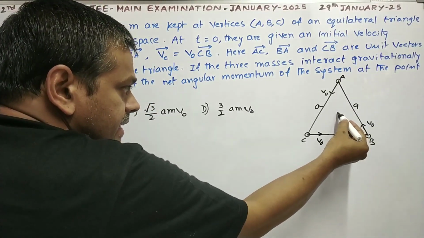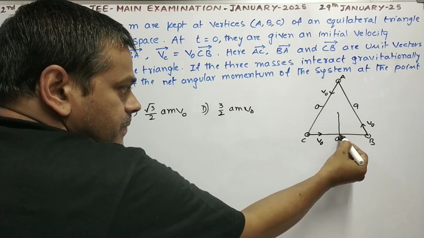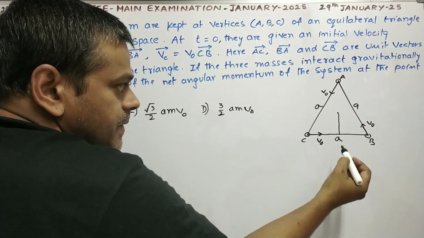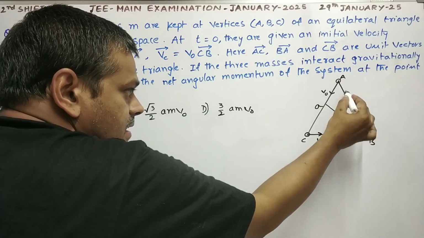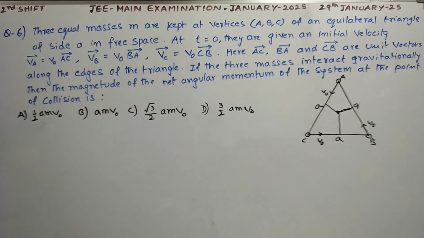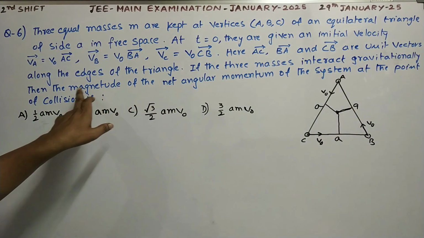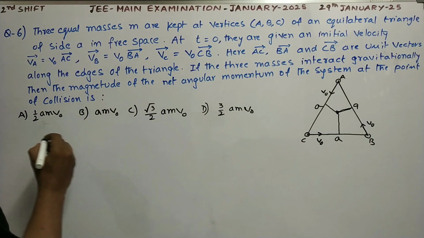So the centroid is at the same distance from side AB, the same distance from AC, and the same distance from the other side too.